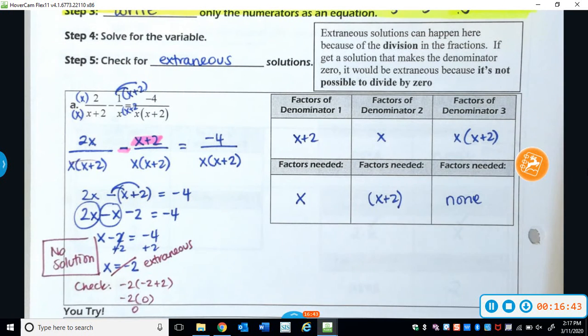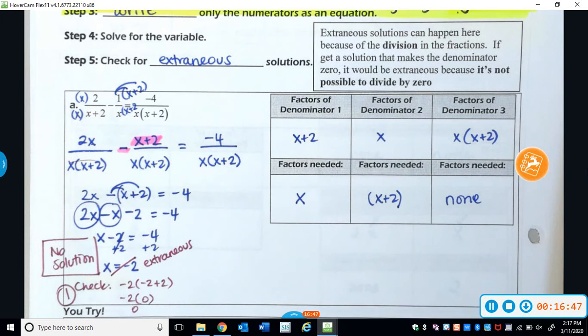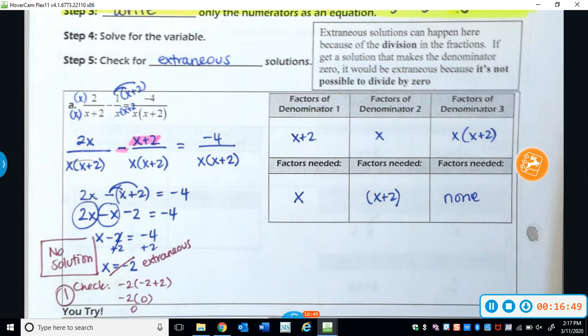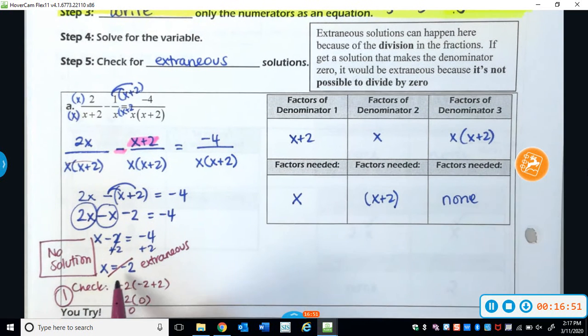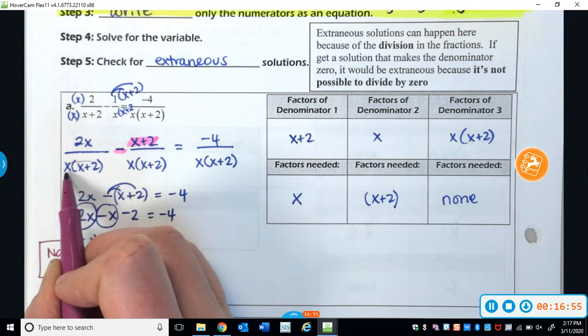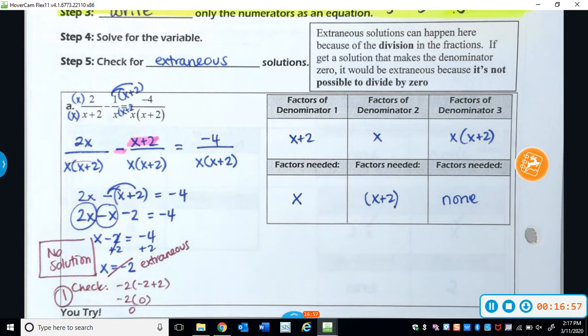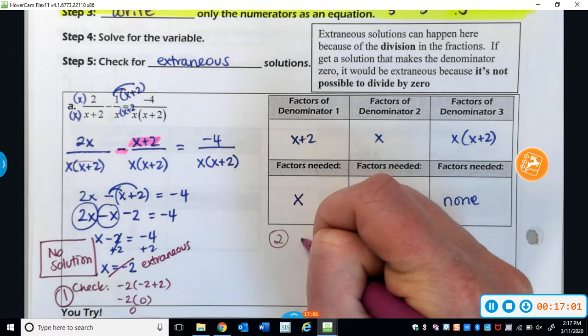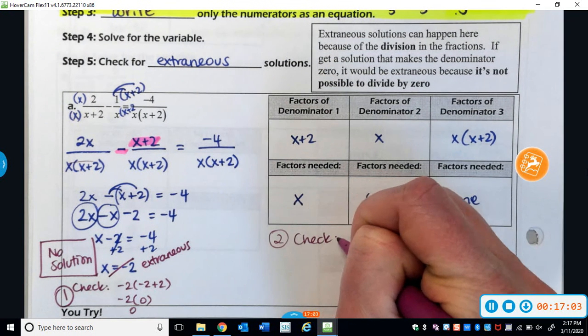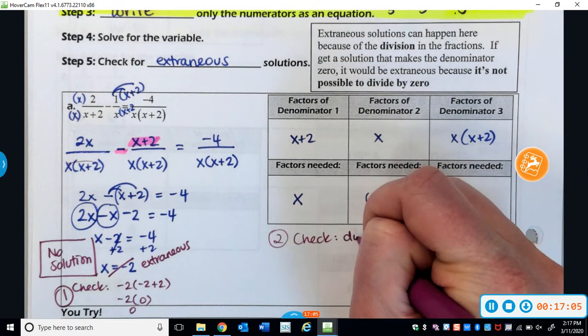All right, so that's option 1 for checking. Plugging it in, see if it makes the denominator 0. The only downside to that is if you get an answer that's a fraction, for example, if you don't like working with fractions, then it's going to get really annoying plugging those fractions in. So option number 2 for checking is to look at domain restrictions.